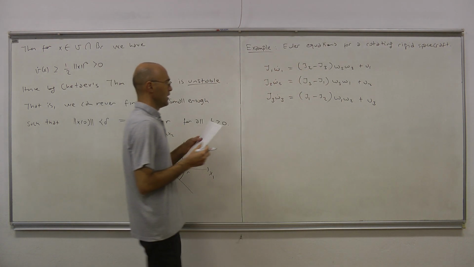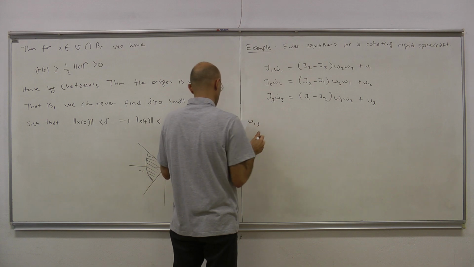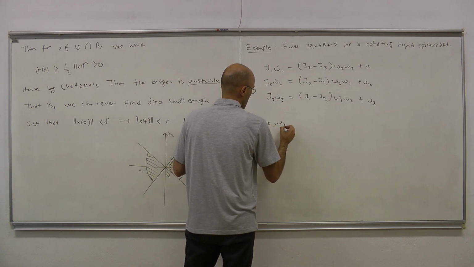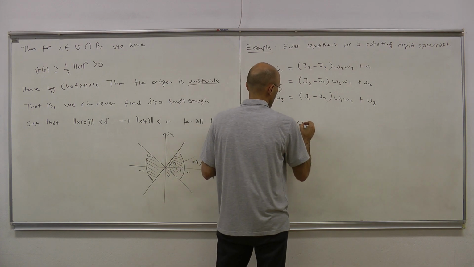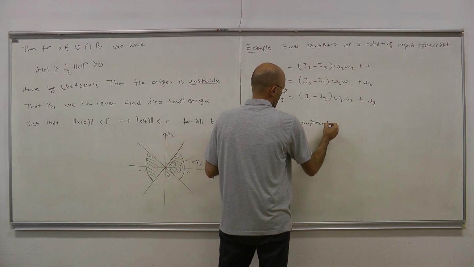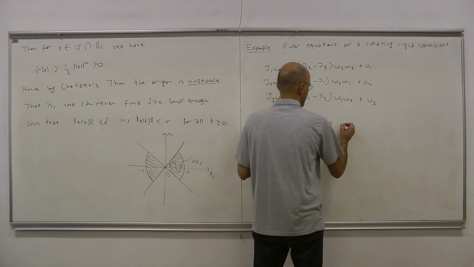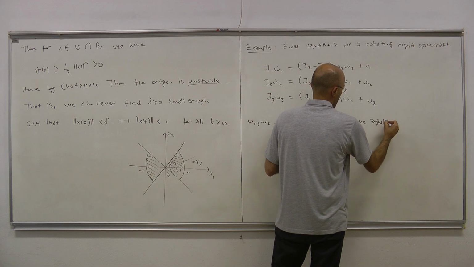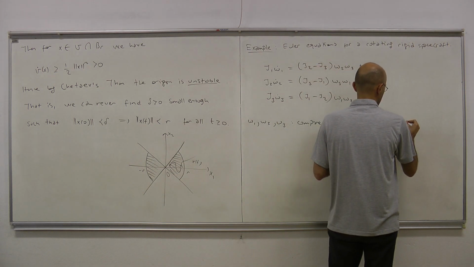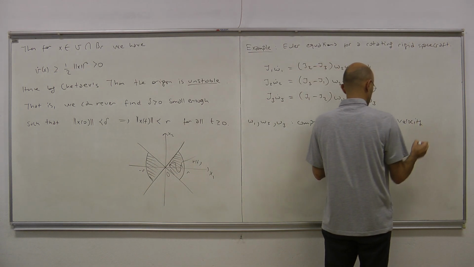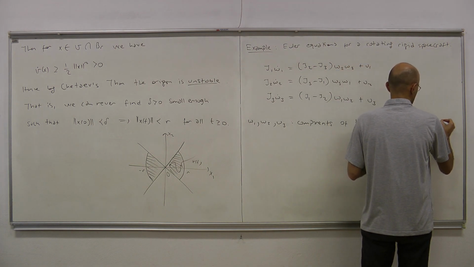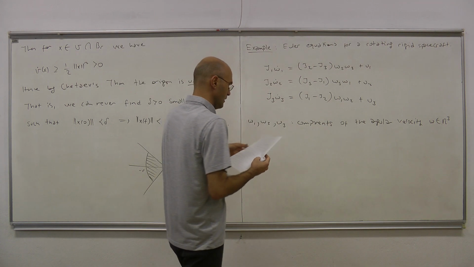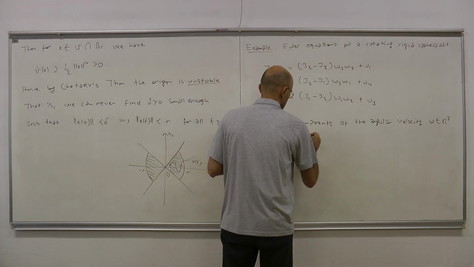Now here the omegas are the angular velocities. Omega 1, omega 2, omega 3 are the components of the angular velocity vector along the principal axes.